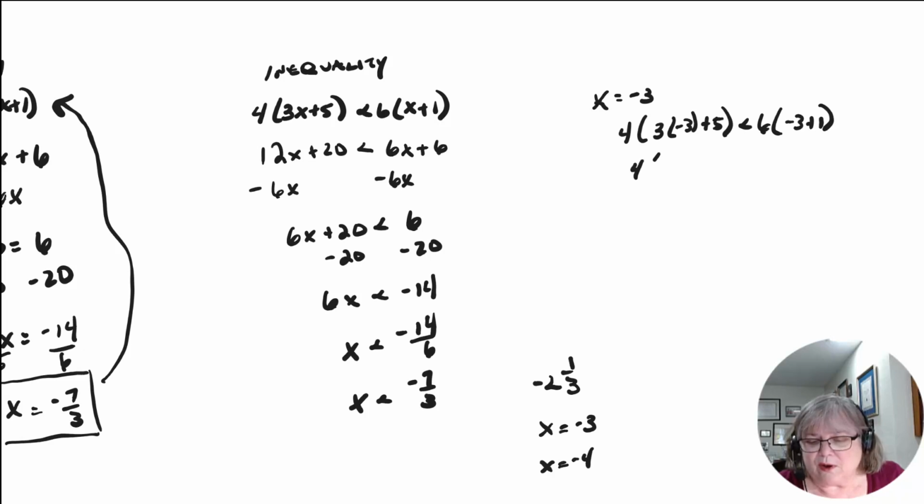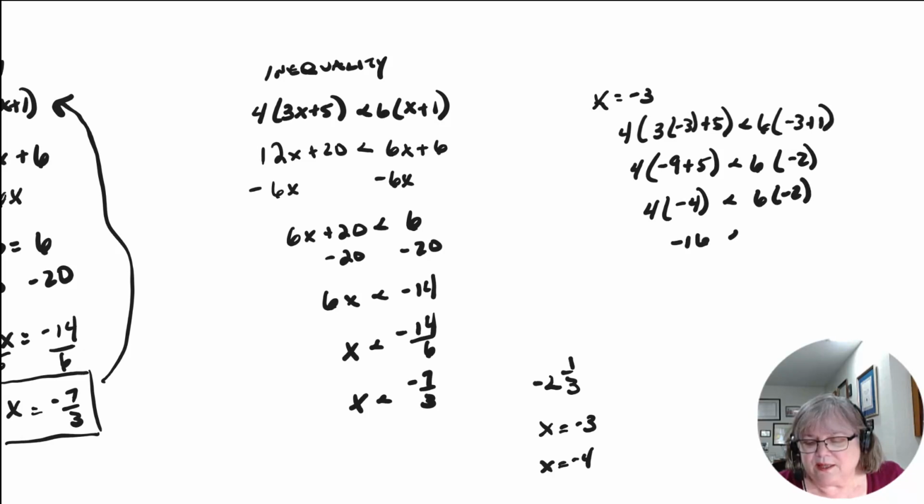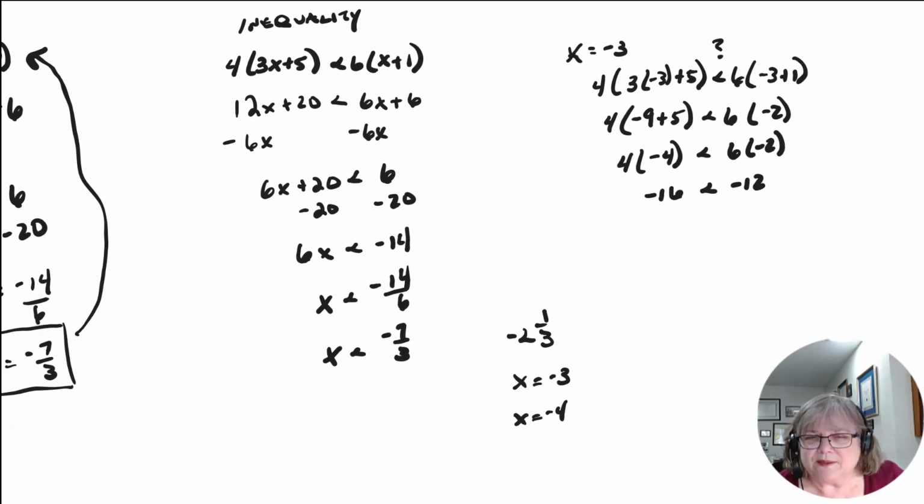We work our way from the inside out. 3 times negative 3 is negative 9, plus 5 is less than 6 times negative 3 plus 1, which is negative 2. 4 times negative 9 plus 5 is negative 4, so is negative 16 less than negative 12? That's my question. Is this a true statement? Think about your bank balance. Isn't negative $16 less than negative $12? So yes, that checks.